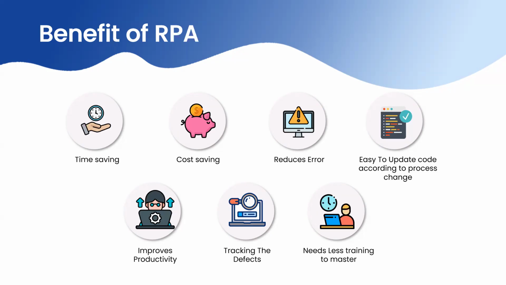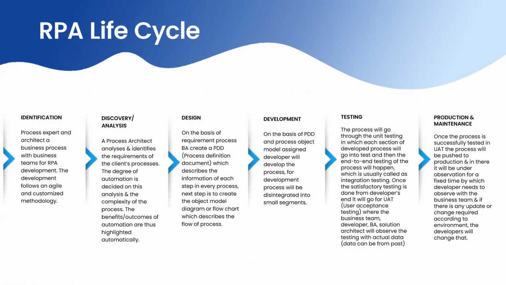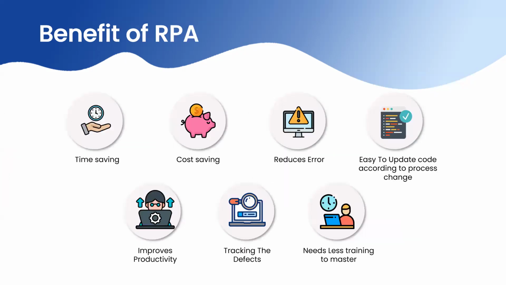Improves productivity definitely. If you have time saving, cost saving, and you reduce the error, definitely your productivity will increase, right? Tracking the defect is easy here because you know where the error is coming from. As I said in my previous case, when you create the PDD, you also define what errors can occur and what the solutions for those errors are.